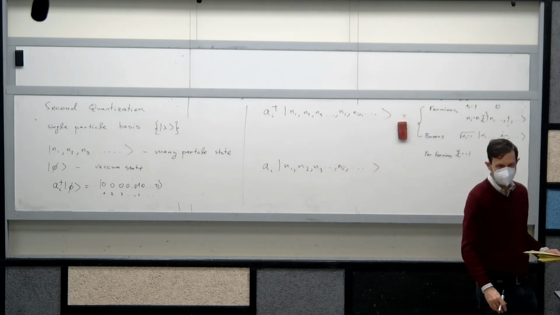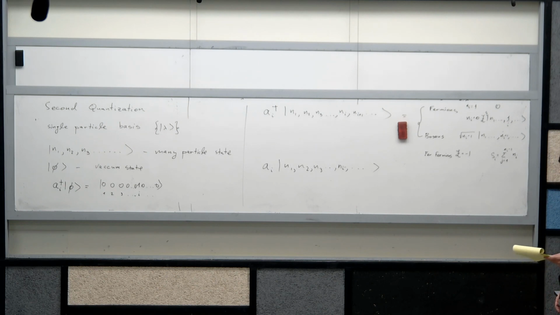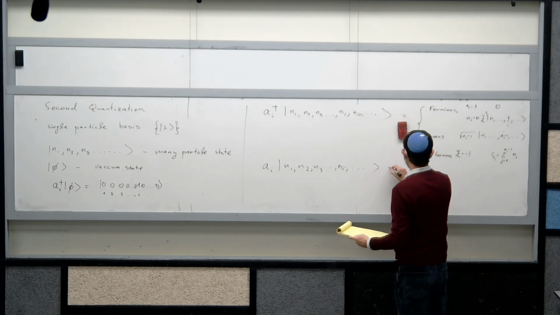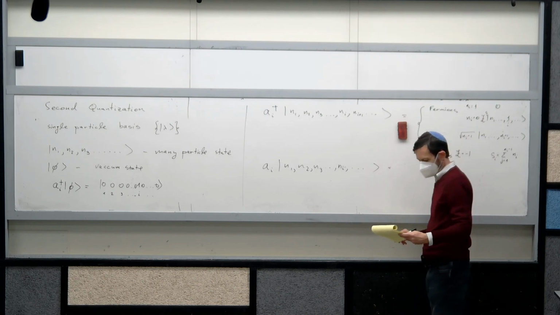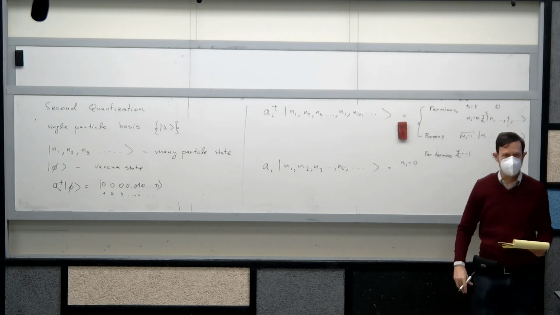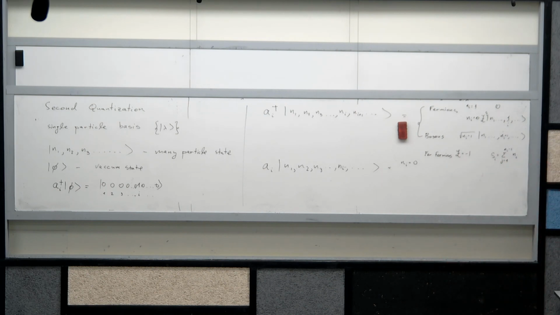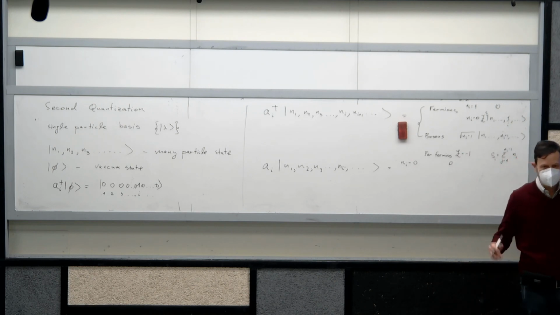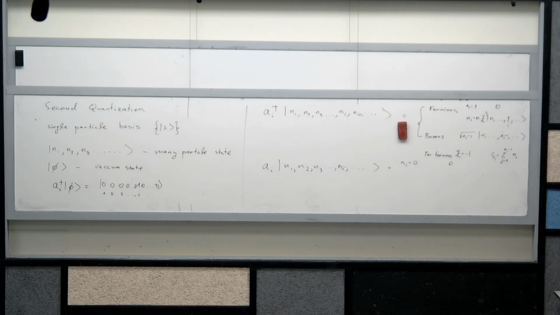Annihilation operator. Okay. What happens when Ni is equal 0? No, n equals 0. Absolute 0. Absolute 0. It's not a legal operation on the state.